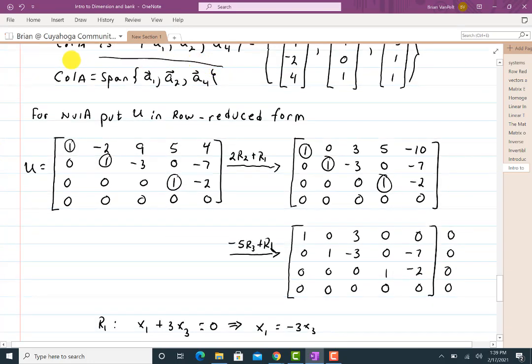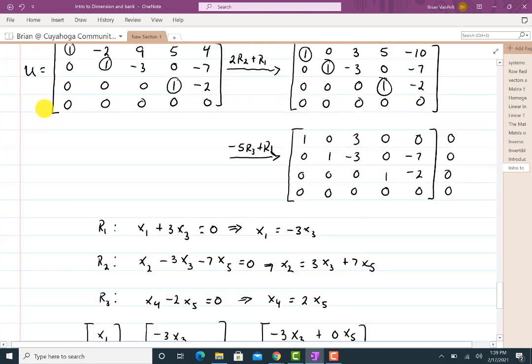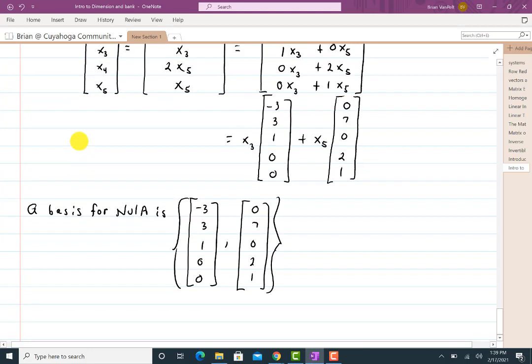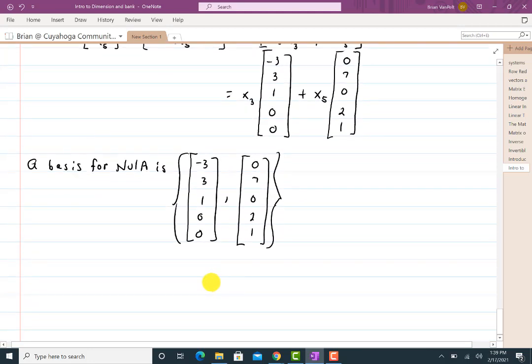And let me go ahead and circle it. And down here, that's a basis for null A, but null A equals the span of those vectors.